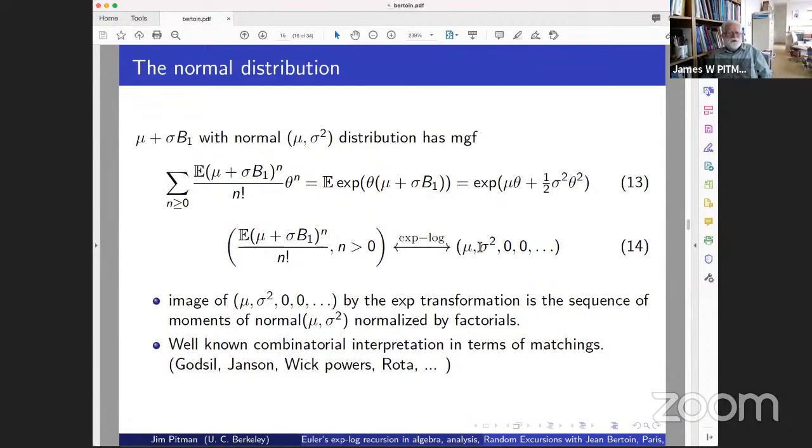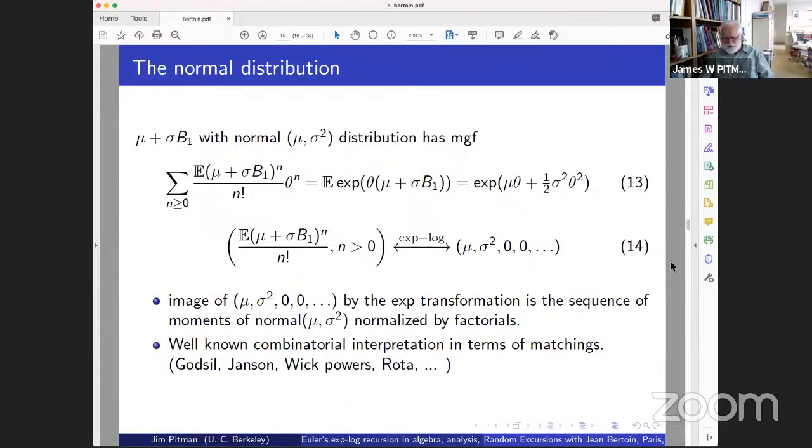You just need a mean, and you need a sigma squared, which has to be non-negative to make sense of the probabilistic interpretation. This has well-known combinatorial interpretations in terms of matchings, which I won't go into, but again, just to say that it's there.